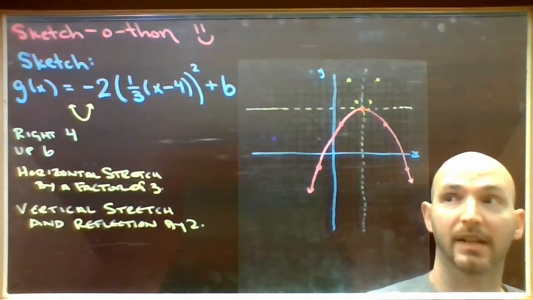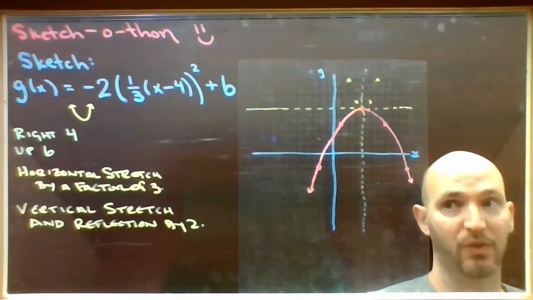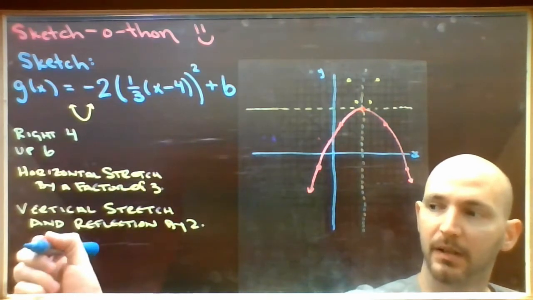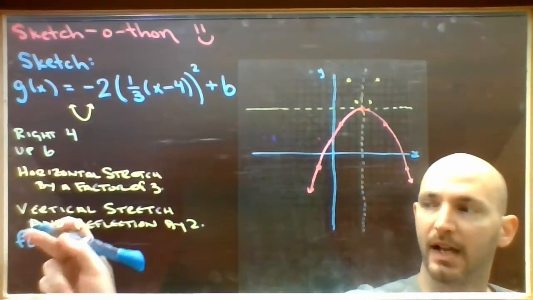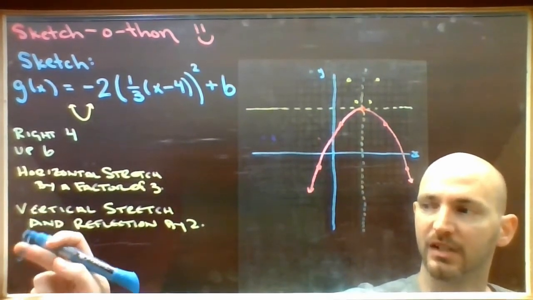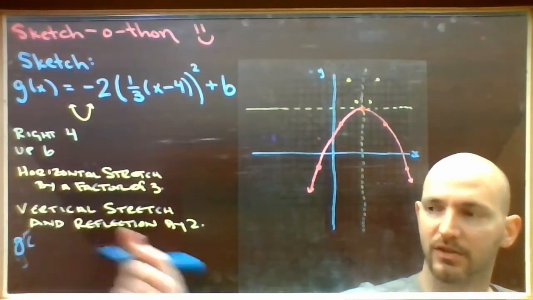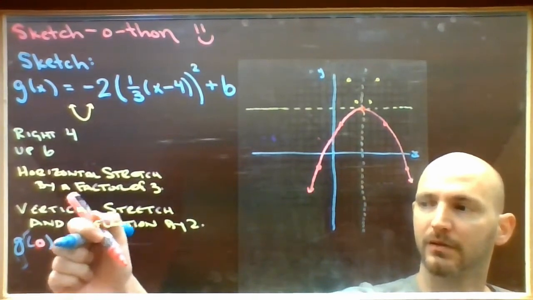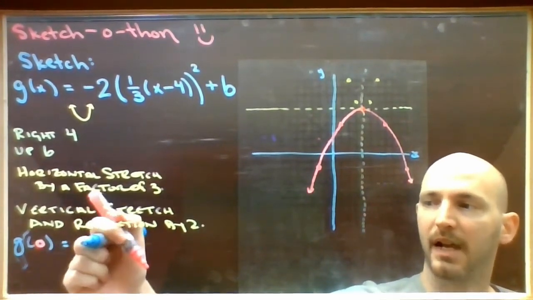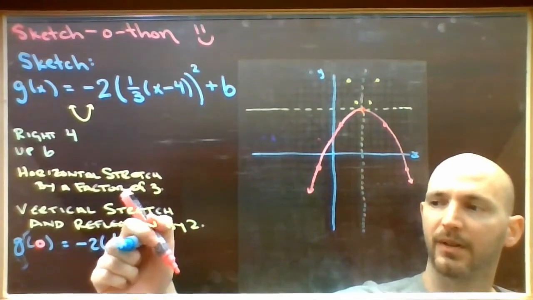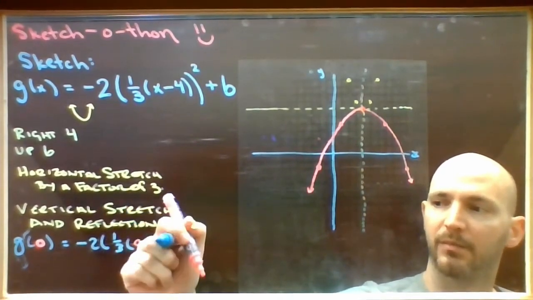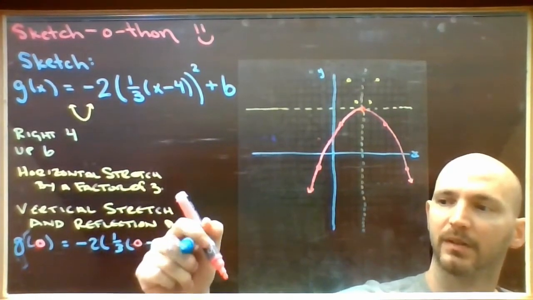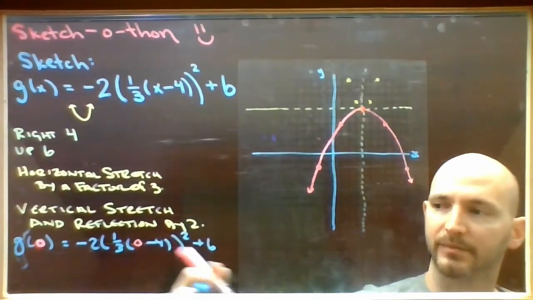And as is good practice, anytime you sketch something that has been translated and transformed, I'm going to investigate the y-axis. Sorry, this function was g. G at 0 would be minus 2 times 1/3 of 0 minus 4, squared, plus 6.